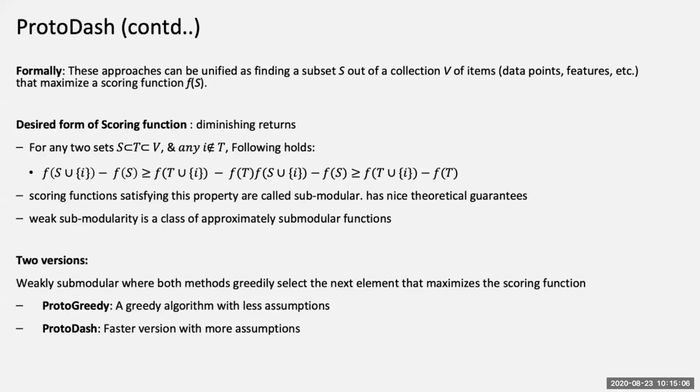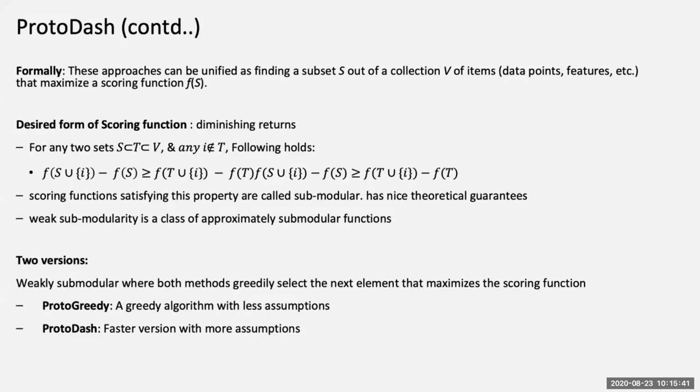So whenever such a condition is maintained, there are nice theoretical properties which guarantee that it can find sample prototypes very efficiently. However, it's computationally expensive to guarantee the submodular property of an algorithm. So instead, in this framework, the authors tried to relax this assumption of submodularity and defined a class of approximate submodular functions.